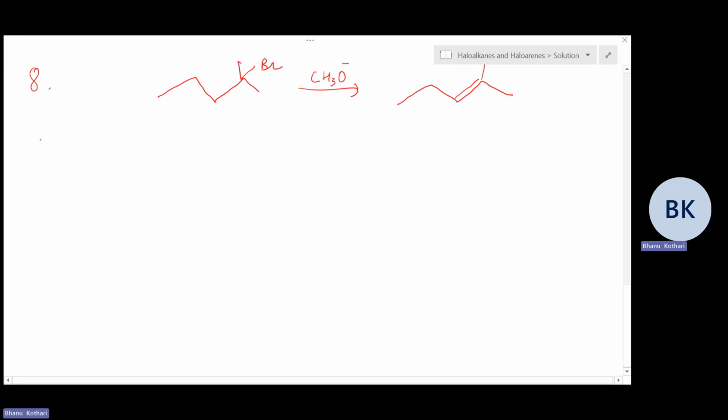Okay. Let's look at the ninth question. 1,3-dibromopropane is heated with zinc dust and ether. The product formed will be what?